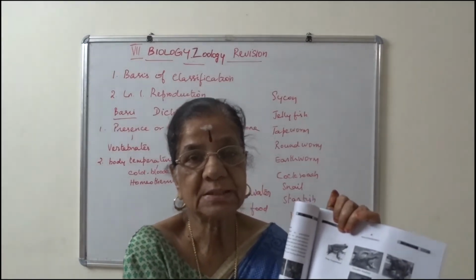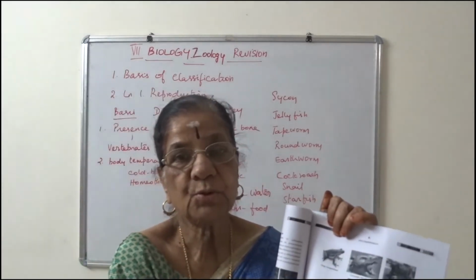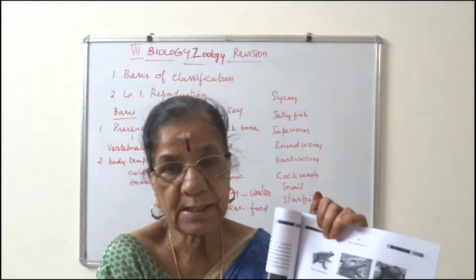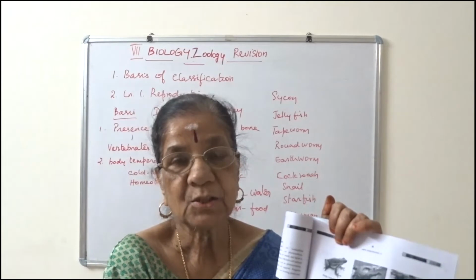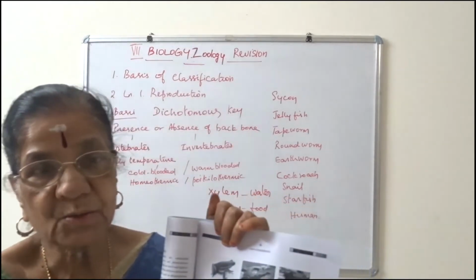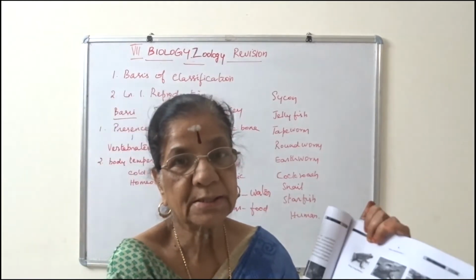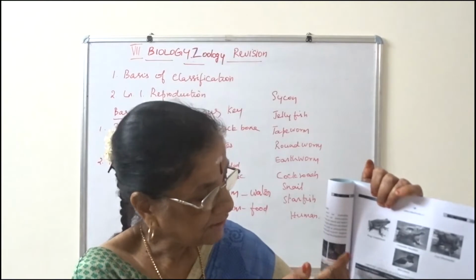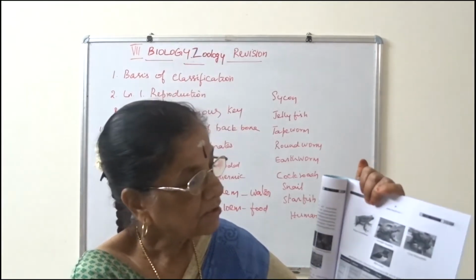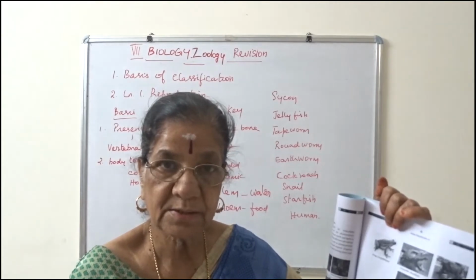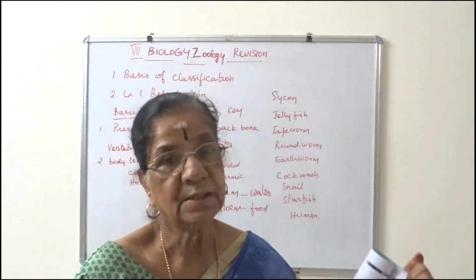All green plants can prepare their own food, they are called autotrophs. Organisms which cannot prepare their food, like fungi, are called heterotrophs. Animals also cannot prepare their own food, so they are heterotrophs. So accordingly the classification. These are the characteristic features of the 5 kingdoms. This is a detailed question in our textbook that you will learn.